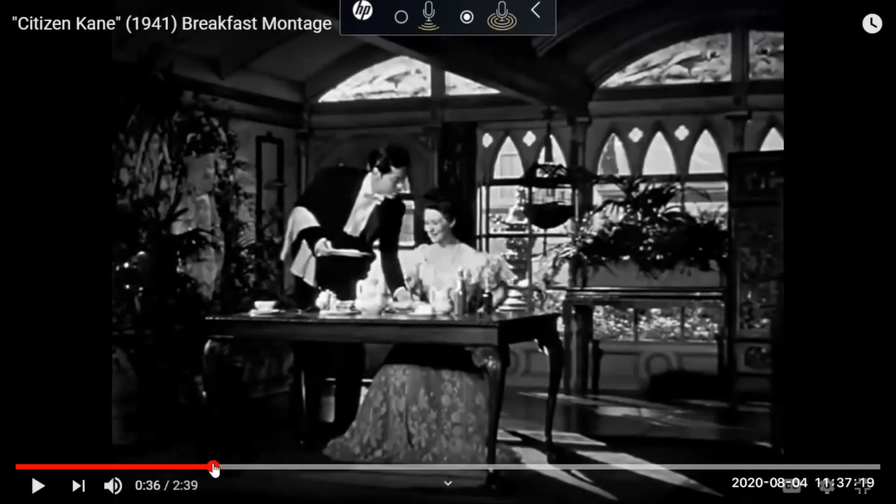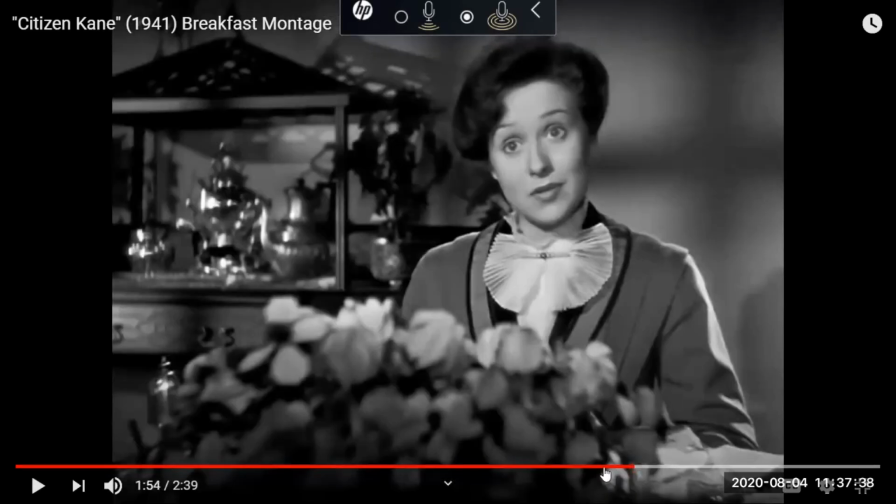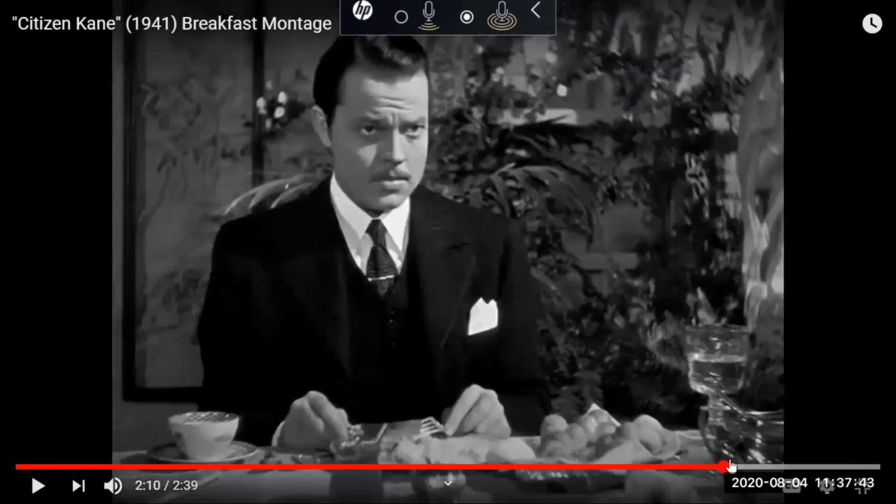For example, he enters here, he gives her a lot of good comments, appreciates her beauty, and he is talking to her and giving her a kiss. As it goes on, they are having a kind of argument in this scene, and you can see what kind of impression he has on his face at this point.